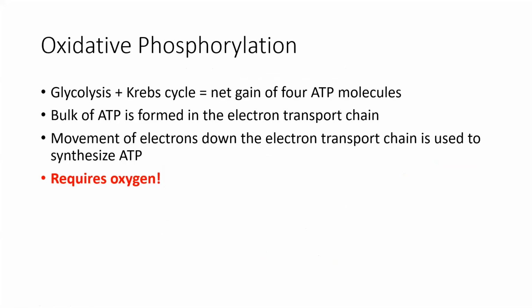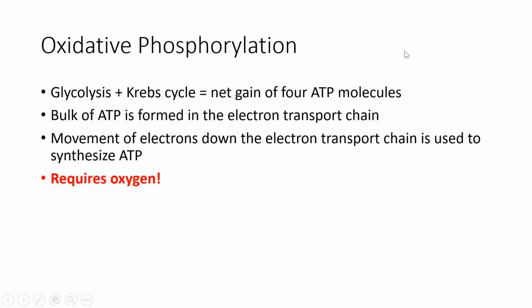So far, we talked about the overall picture of glucose oxidation. We talked about the first couple of steps, the first 2 stages, glycolysis, and the small linking step in between, and then the Krebs cycle, and how we take a molecule of glucose.